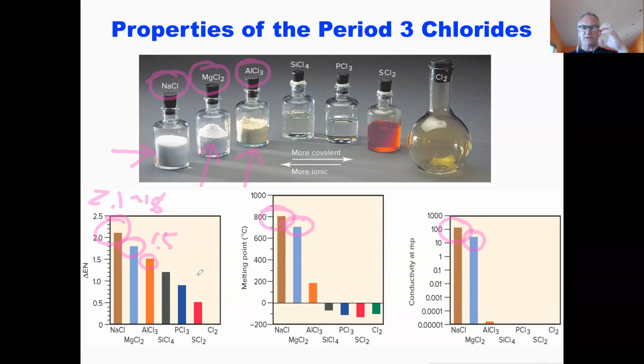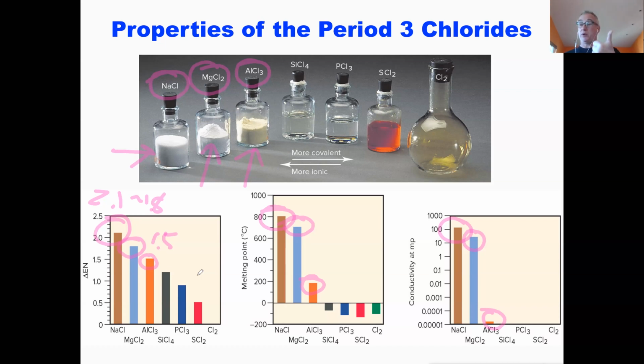You don't get those nice big crystals like you do with sodium chloride, table salt. You get what looks like a fine powder. And now it melts at a relatively low temperature, 200 degrees. And when you melt it, it barely conducts electricity. It conducts a tiny bit, but not really that much.